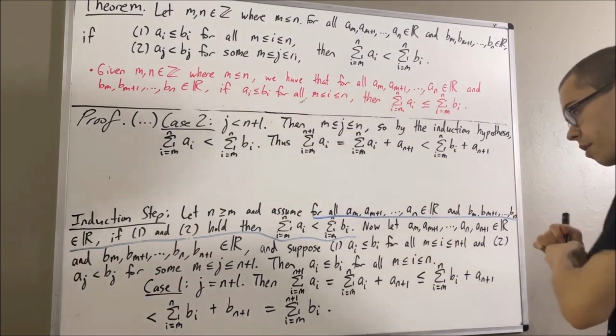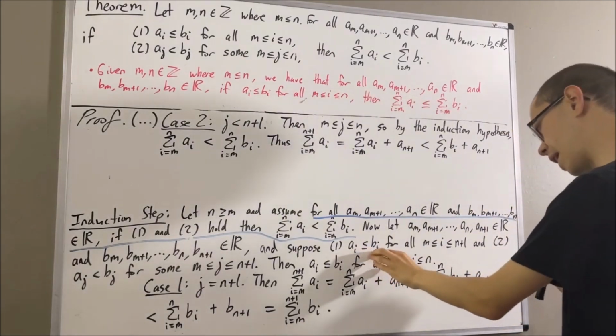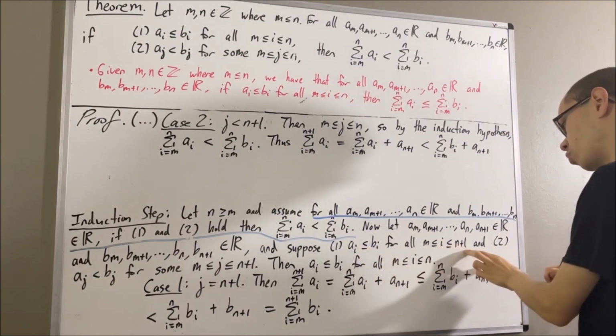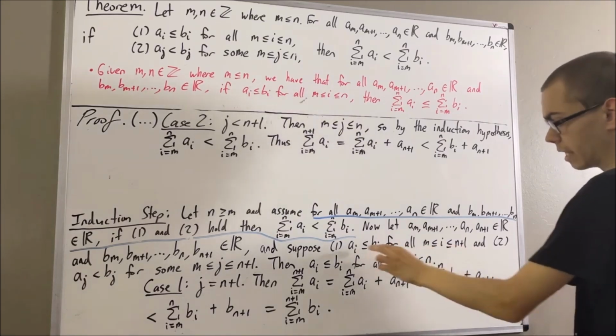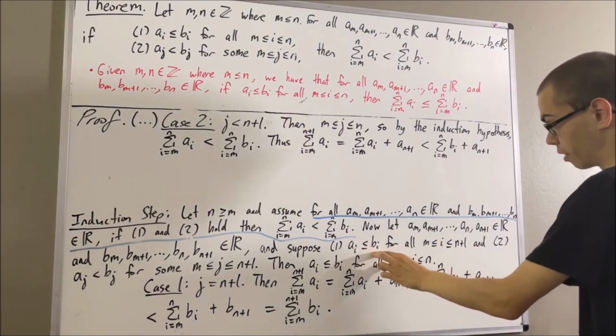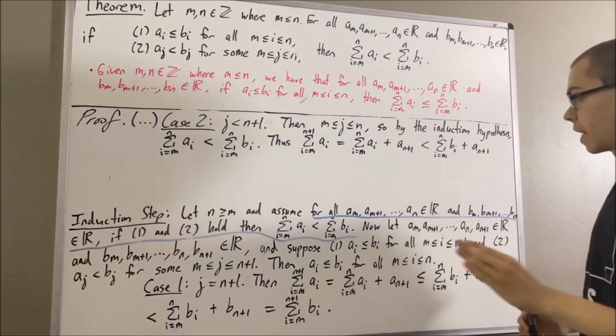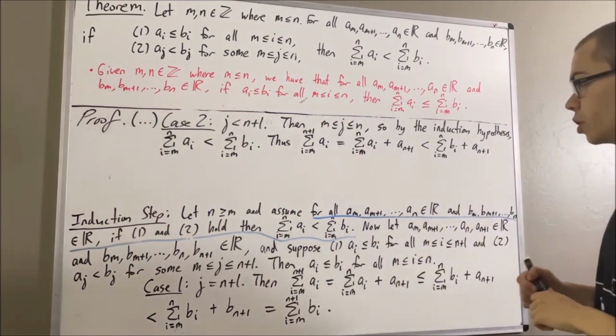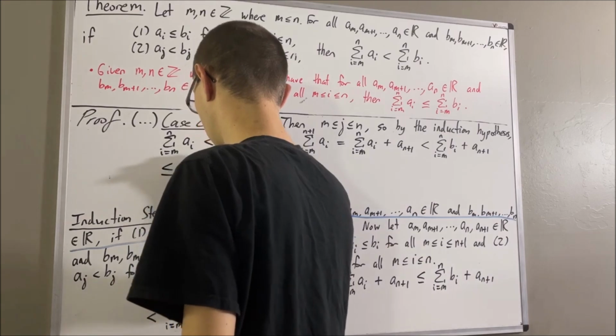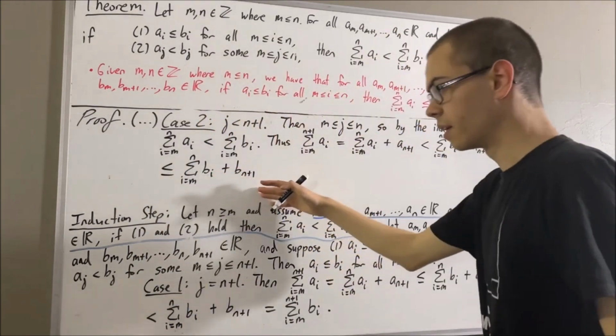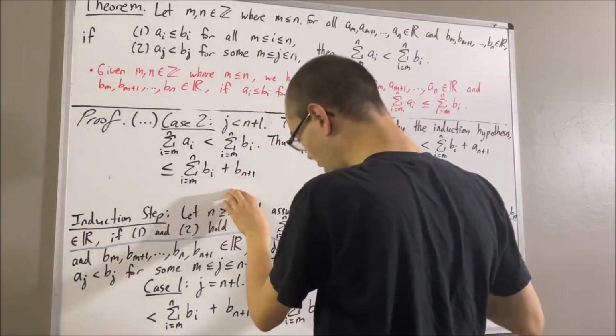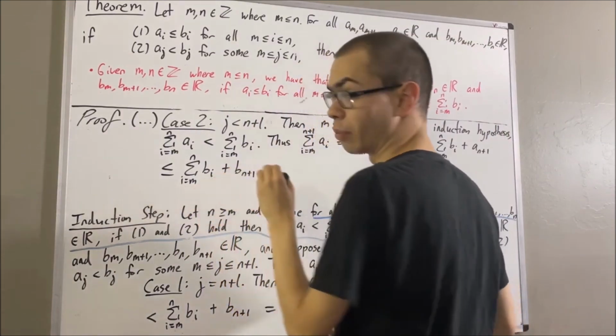And then, because ai is less than or equal to bi for all i between m and n plus 1, well then surely an plus 1 is less than or equal to bn plus 1. And because of that, this must be less than or equal to this. And we know that this is equal to the sum from i equals m to n plus 1 of bi.